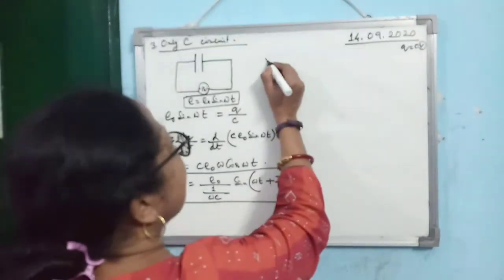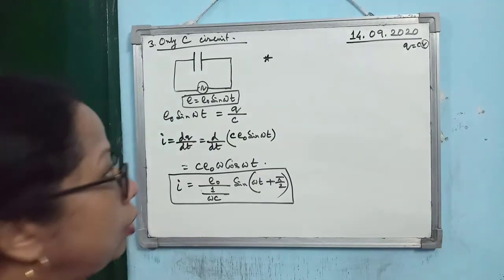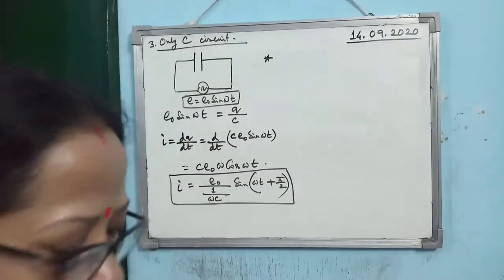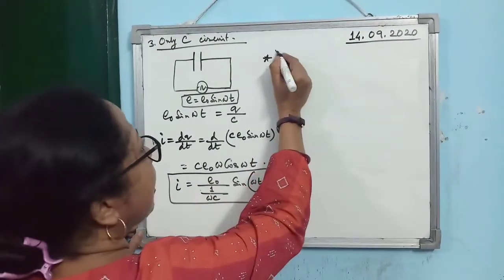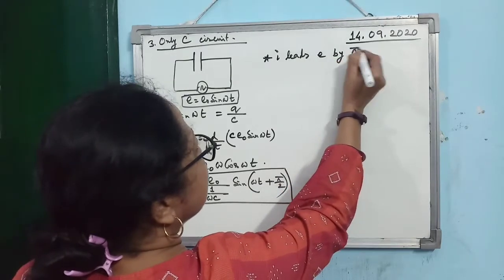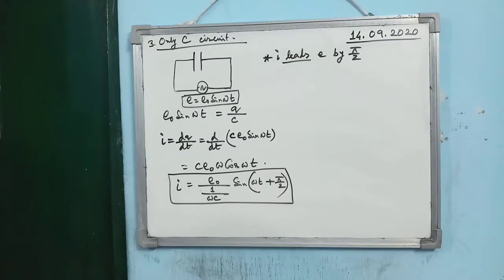So the important points you are supposed to learn and remember related with only C circuit are, first, I leads E by pi by 2. Remember, I leads E by pi by 2.